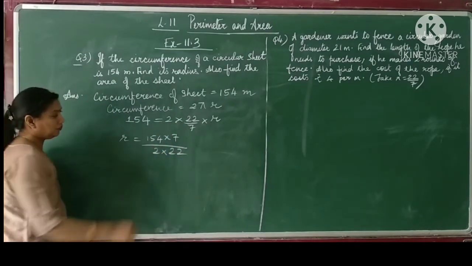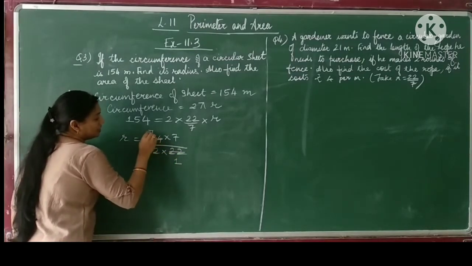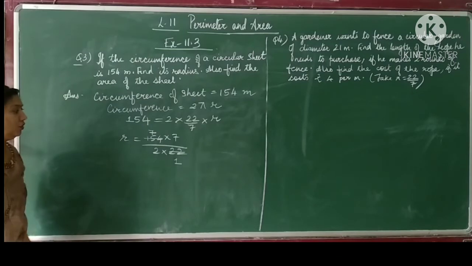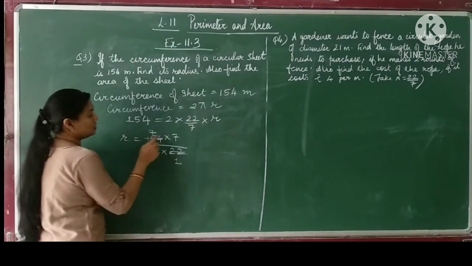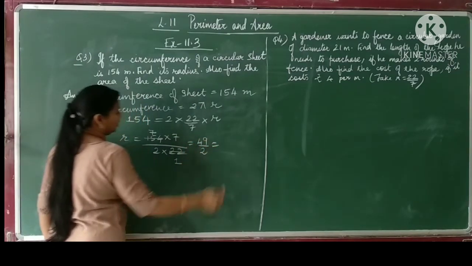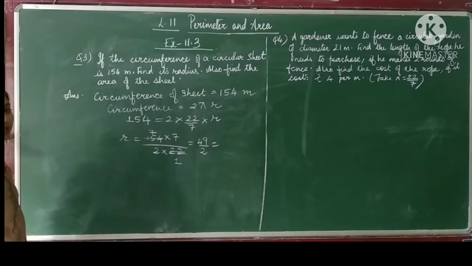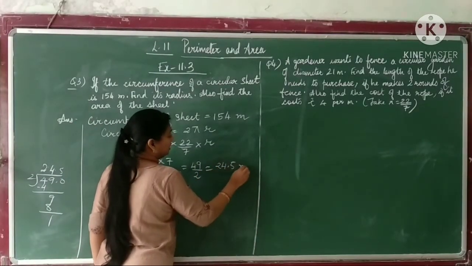Now we'll cut 22 ones are 22 and 22 sevens are 154. Rest 7 into 7 and 2 we cannot cut, so we'll just write 7 sevens are 49 upon 2. Now we'll divide 49 by 2. So our radius is 24.5 meters.